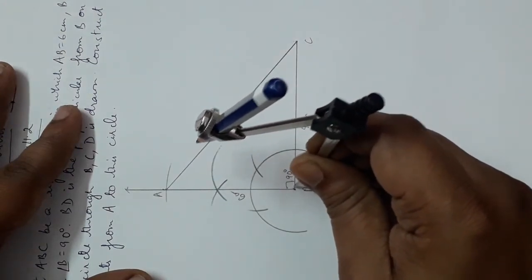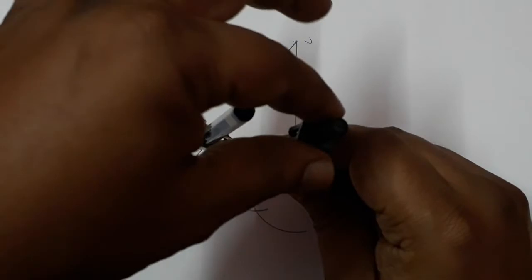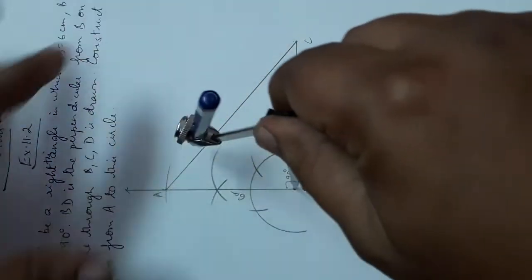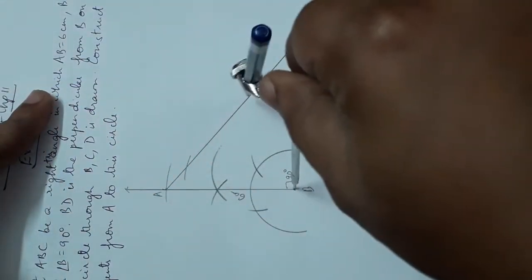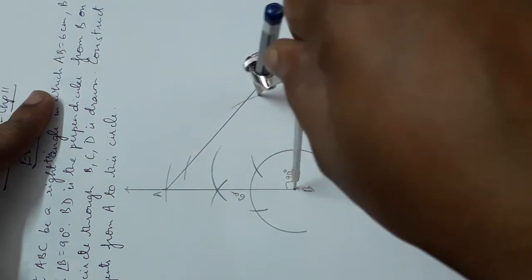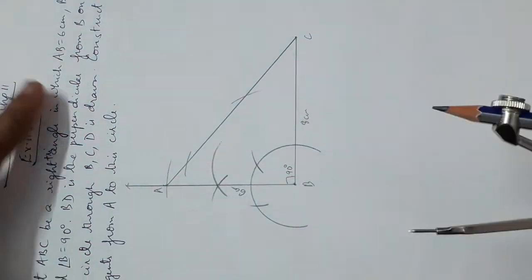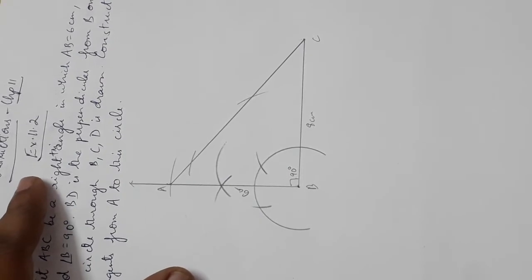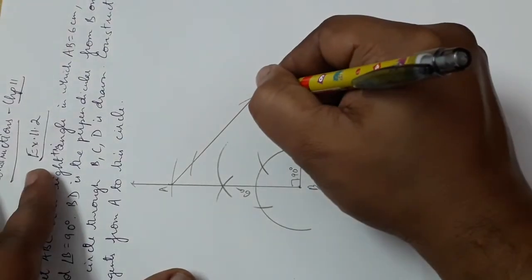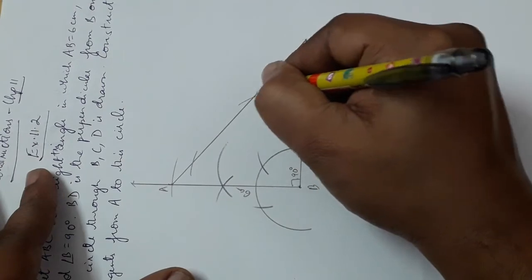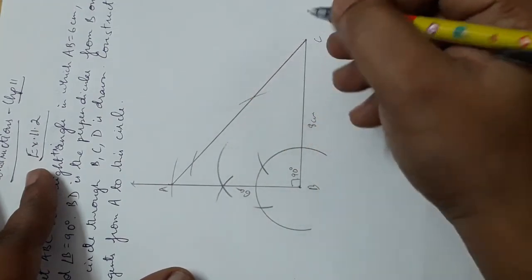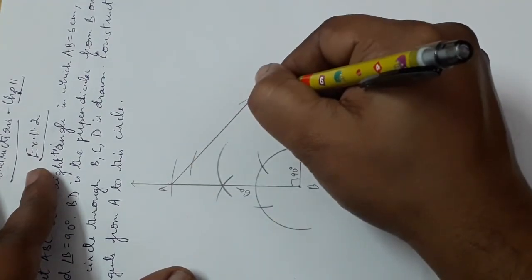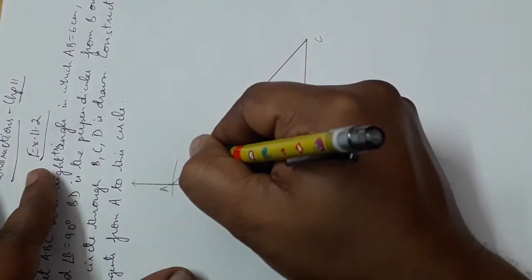Make sure it cuts the line AC at 2 points. It doesn't matter, you can take any measurement you like. So I've cut this at 2 points, and I mark the points where the arcs cut this line AC, over here and over here.